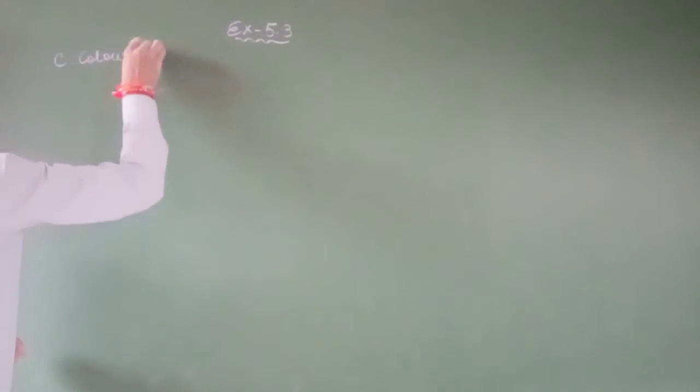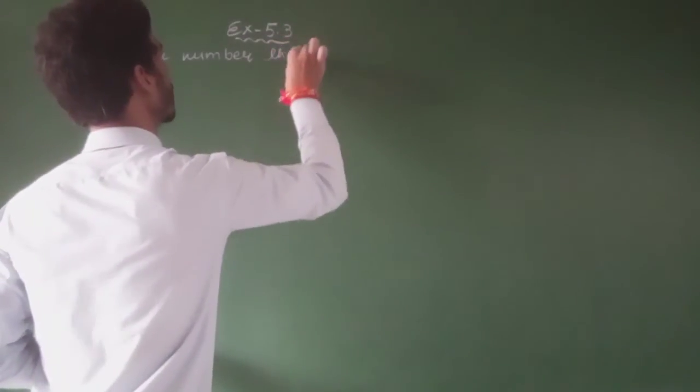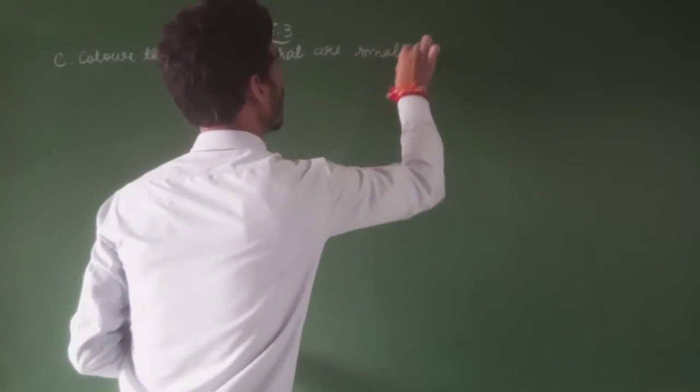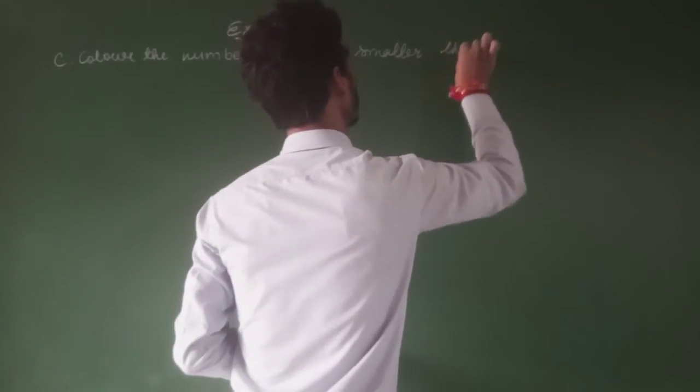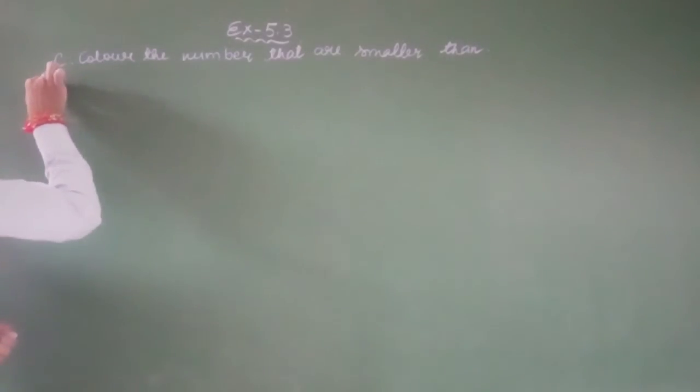Now the next question is question C. Color the numbers that are smaller than. The first one is 156.